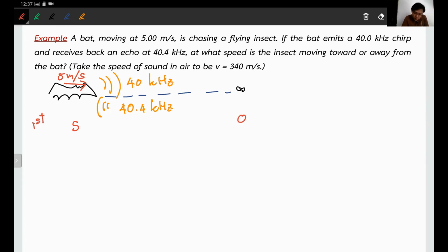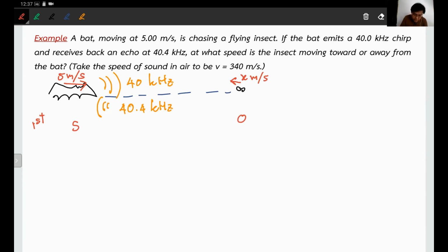However, at this point, we don't know what is the speed of the insect. So let's give it some speed and direction because we don't know. So I'm going to assume that the insect is approaching the bat because the frequency is higher, maybe. However, once again, the mathematics will take care of the rest at the end.